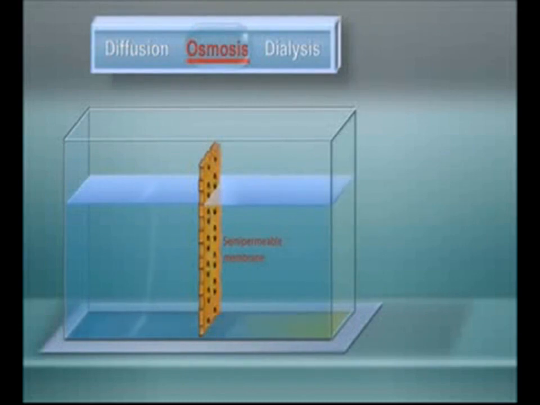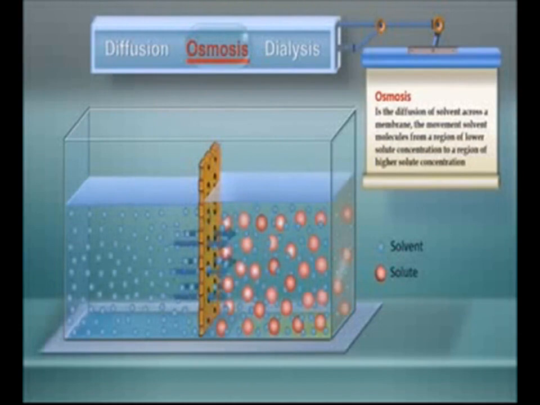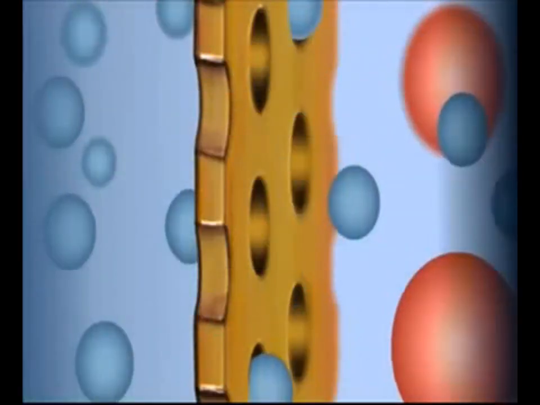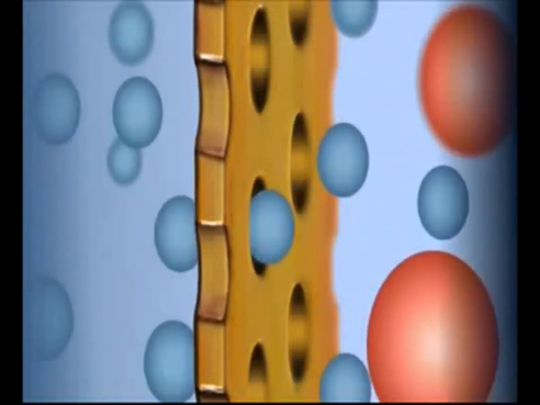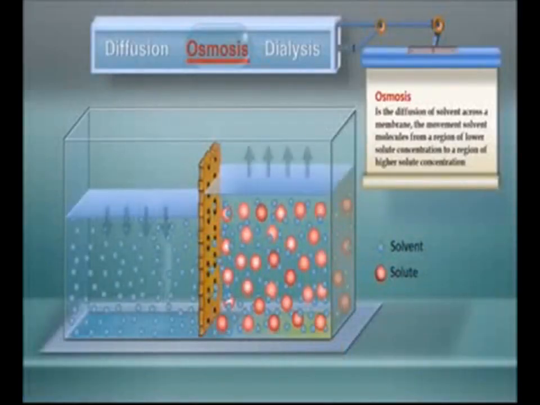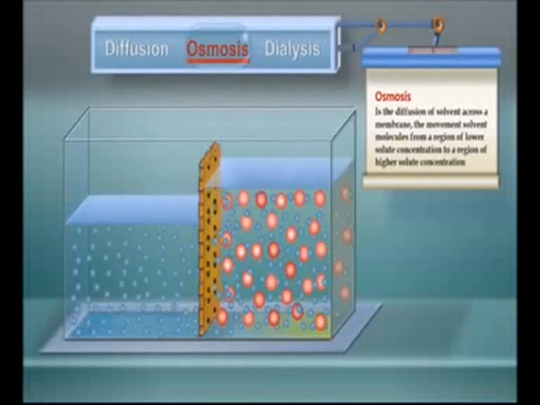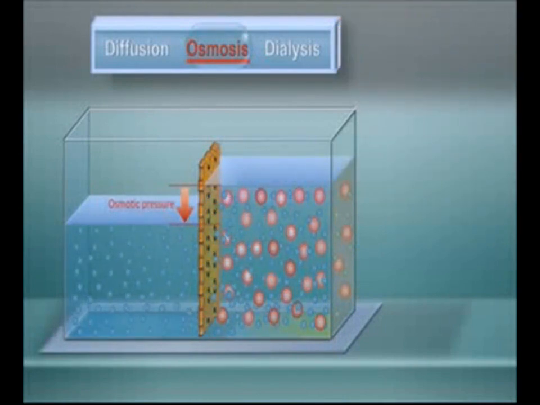Now in osmosis, the solvent or the water moves from its higher concentration, which is on the left part, to its lower concentration through this semi-permeable membrane. Here only the solvent particles will move because the solute particles cannot pass through this semi-permeable membrane, hence it will not get diffused.